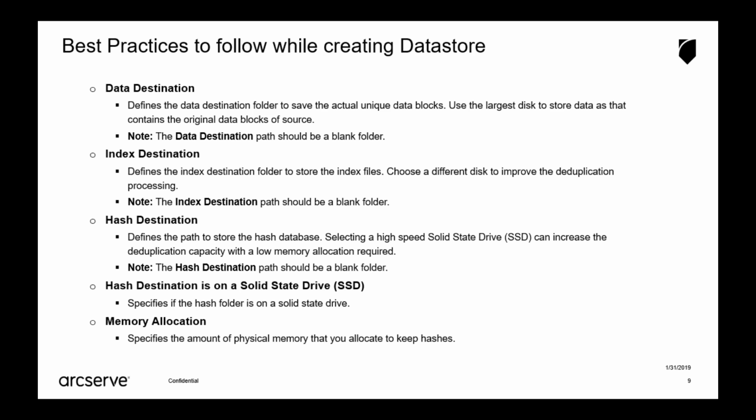If you have a SSD disk, please select that option called the hash destination is on a solid state drive. Memory allocation. This is the place where you'll be assigning the memory, whether it can be a pure memory or the SSD.